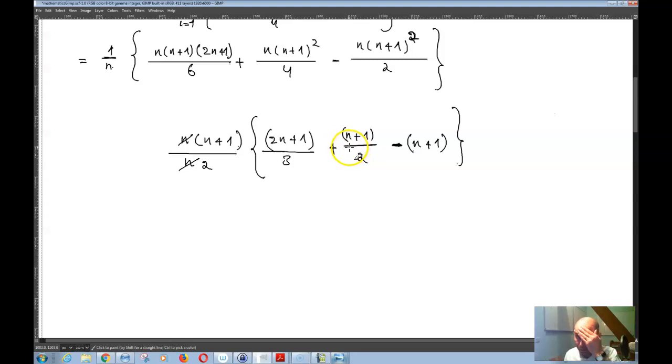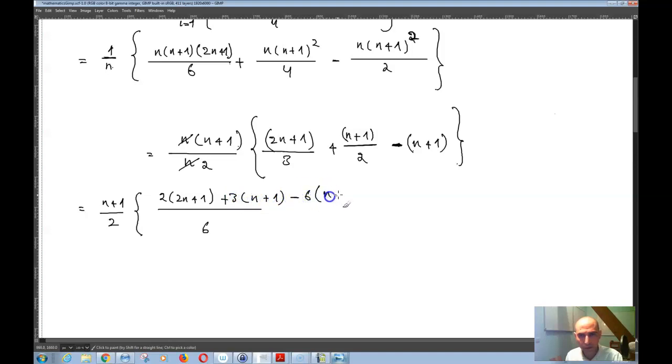What you can do is write this as n plus 1 divided by 2 times, take the LCM as 6, for example, that's 2 times 2n plus 1 plus 3 times n plus 1 minus 6 times n plus 1. Add all of these together and you will get your answer.